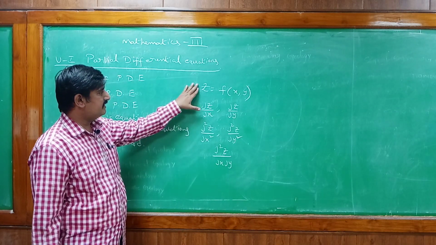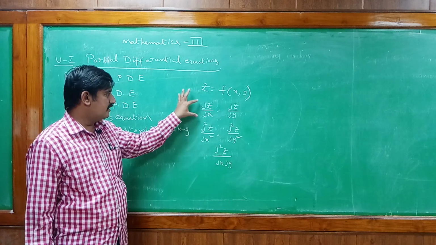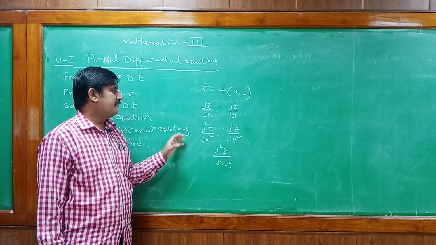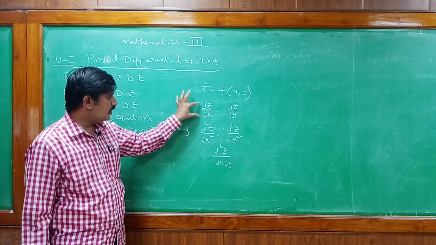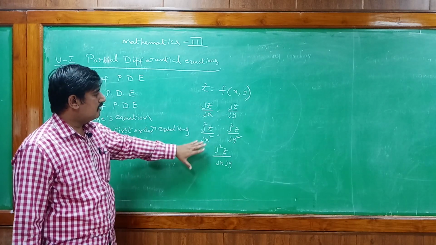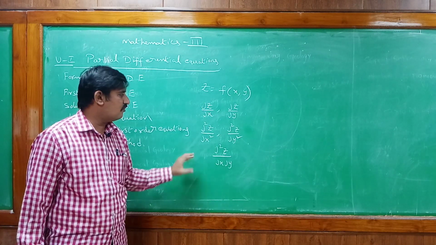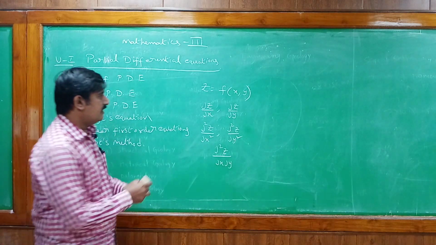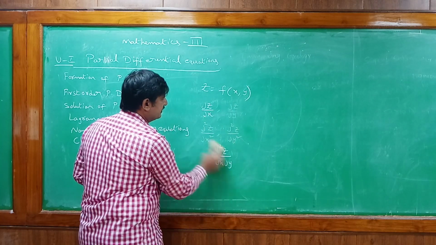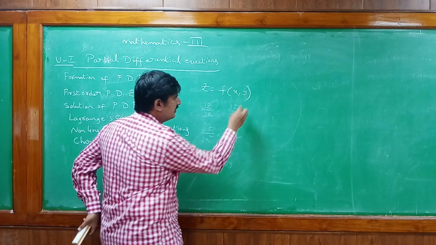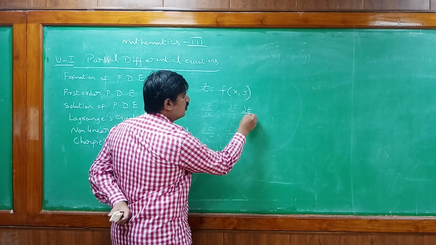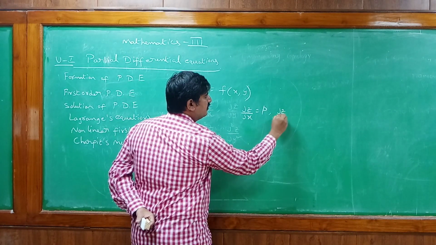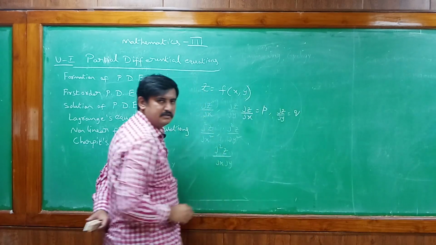So whenever we differentiate z with respect to x and y, we get dou z by dou x, dou z by dou y, all these terms. Basically partial differentiation is denoted by the simple dou. So instead of writing all these terms, I am assuming dou z by dou x is p, small p, and dou z by dou y is small q.